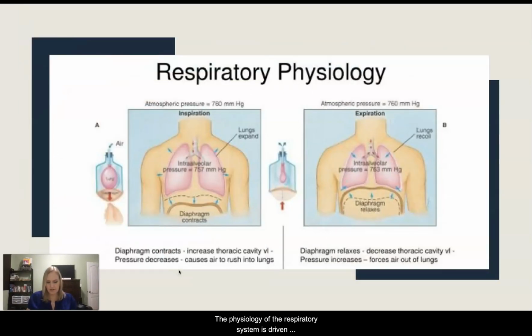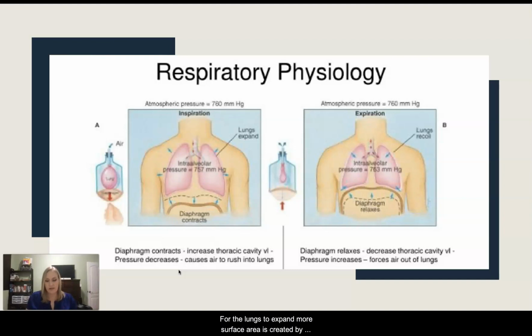The physiology of the respiratory system is driven under negative pressure. This concept is difficult for students to understand because it goes against our natural way of thinking. But let me explain. During respiration, constant atmospheric pressure is exerted against the lungs.